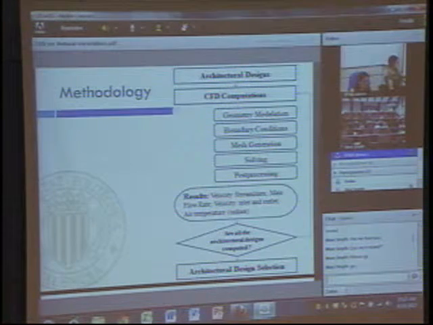We can do a computation with this code or whatever, making a geometry model, applying the boundary conditions of the wind, generating a mesh, solving the equations, processing them, and giving some results.